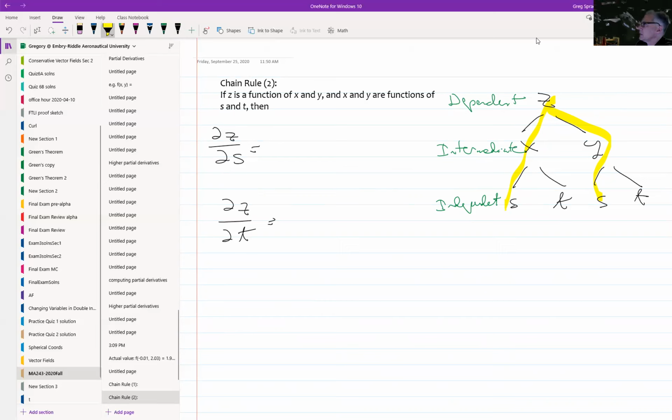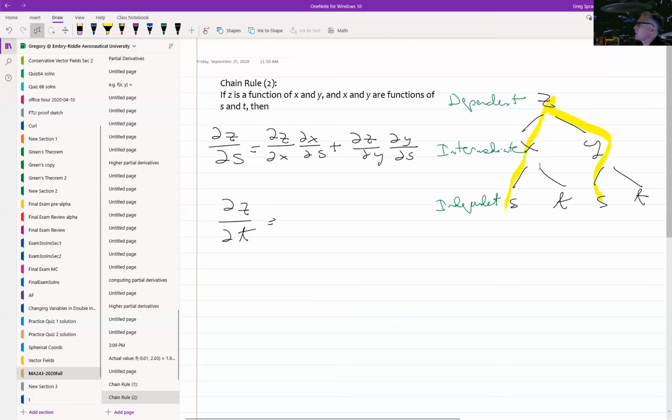So del z del s is del z del x del x del s plus del z del y del y del s. Now, all of those are partial derivatives because x and y are functions of more than one variable and z is a function of more than one variable.